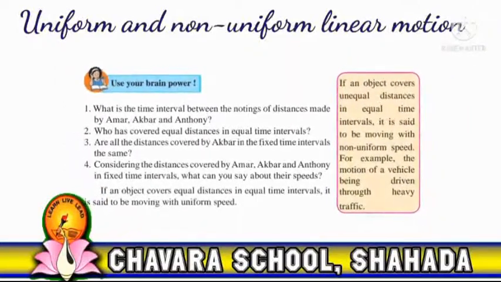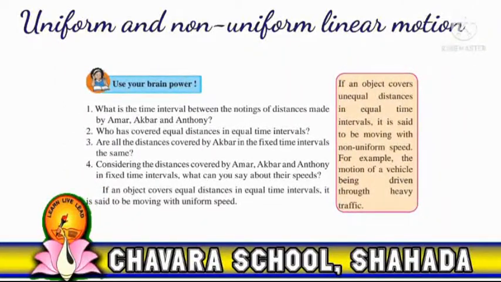Question 1. What is the time interval between the noting of distances made by Amar, Akbar and Anthony? Answer. It is the time interval of 30 minutes. Second, who has covered equal distances in equal time intervals? Answer.